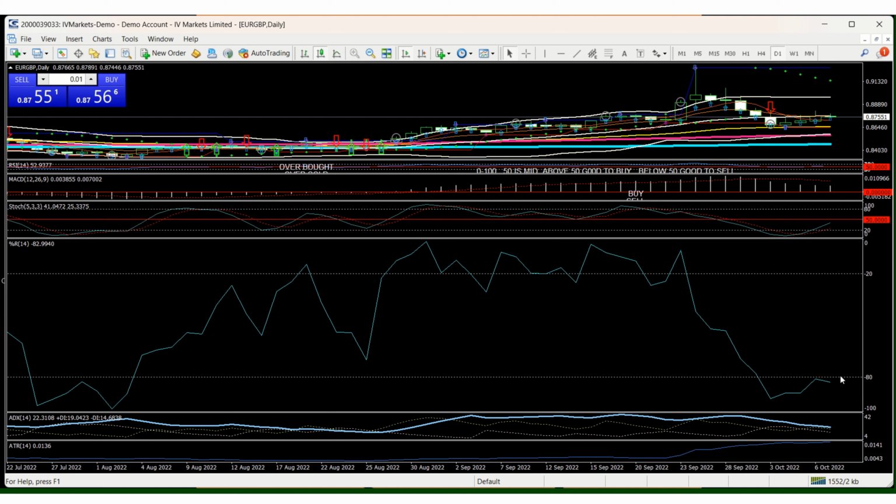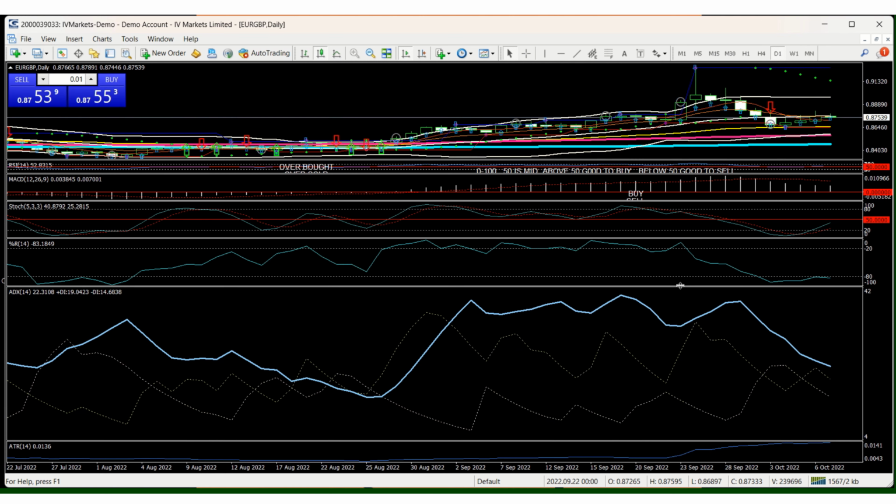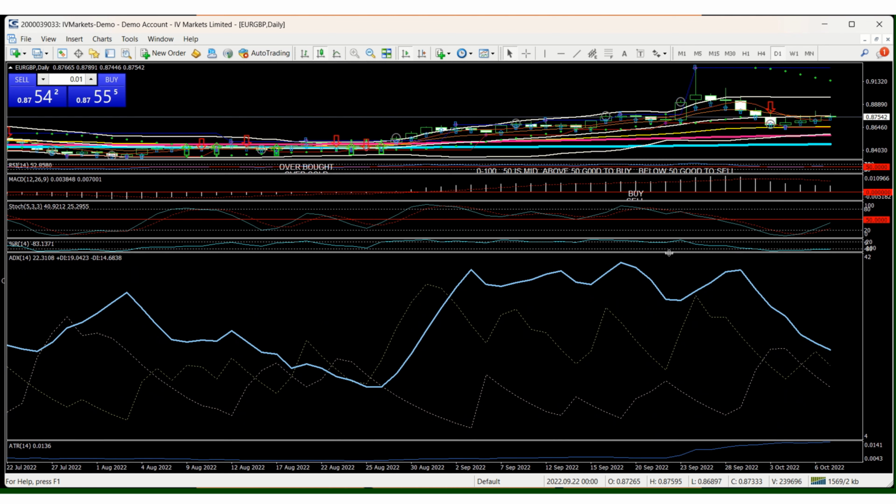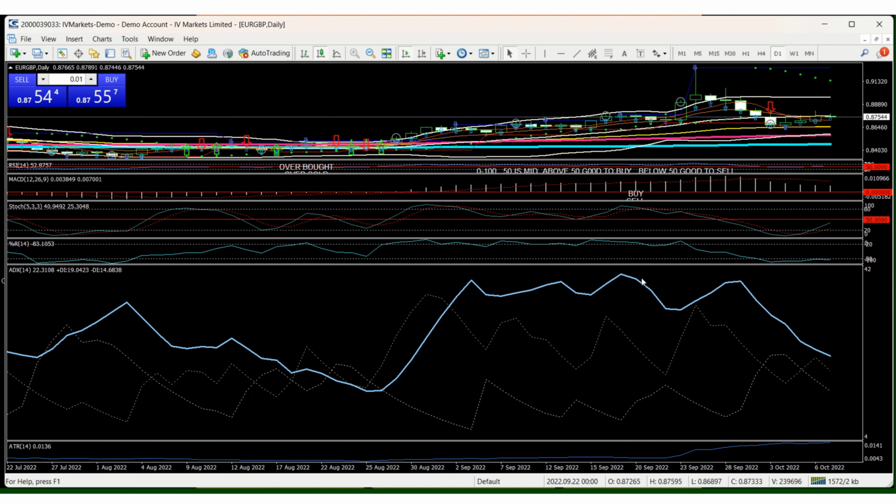Now we see the average directional movement index. It has three different lines which you can find here, where the main line is at 42, and the down one is not at 0, it's at 4. In this you need to see the number 22.3108.